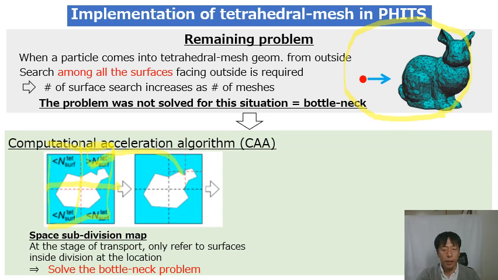The subdivision map is decoded, and at the stage of transport, we only refer to surfaces inside the division at the location. In this way, the number of surface searches in each region is limited to the parameter at maximum, and therefore the bottleneck problem is solved.